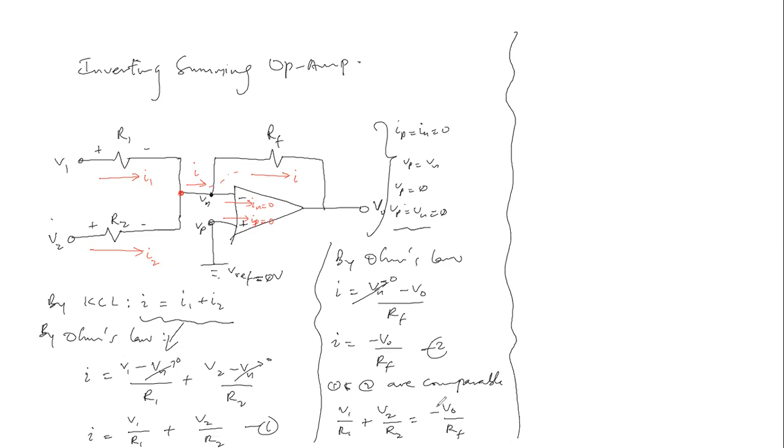Now, if we rearrange this, then V naught will be the same as negative of RF divided by R1, V1, plus RF divided by R2, V2.